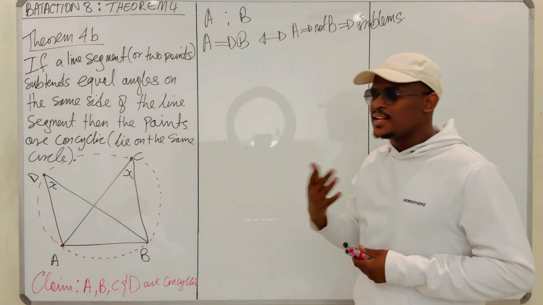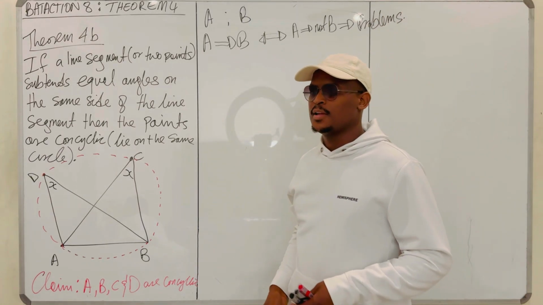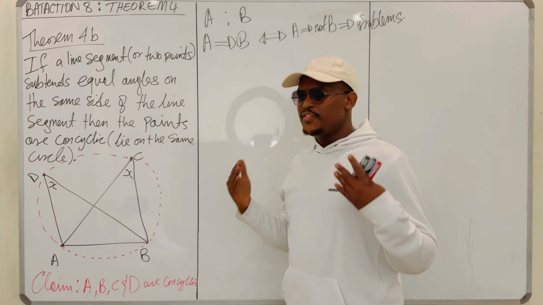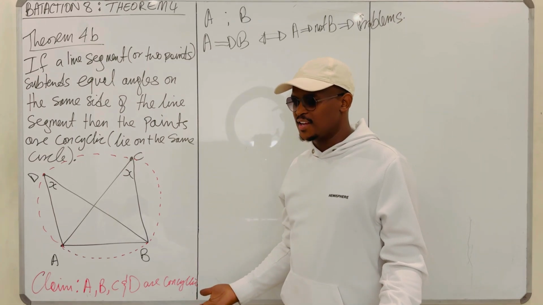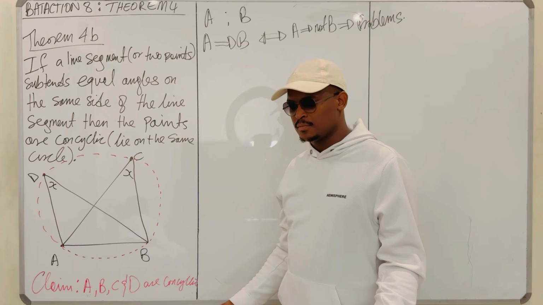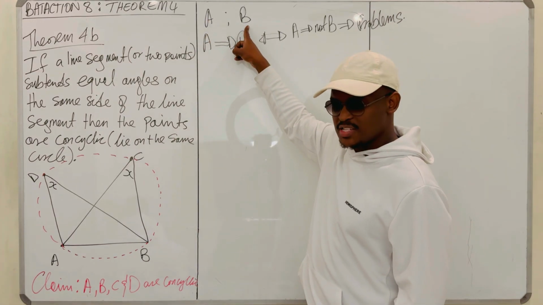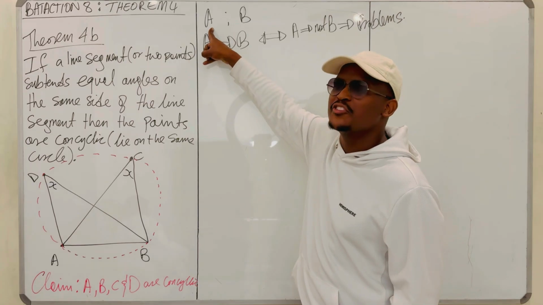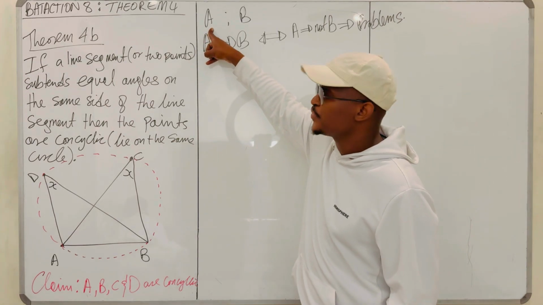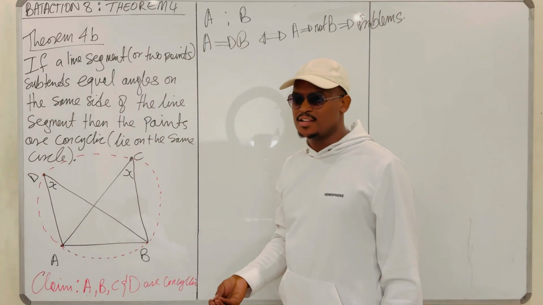For example, I'll make an easy example. Let's say, if Kaizer Chiefs wins today, I'm going to drink. A is Kaizer Chiefs winning, and B represents I'm going to drink tonight.